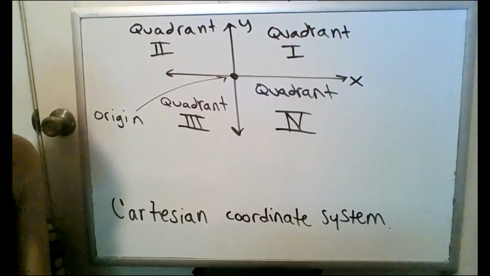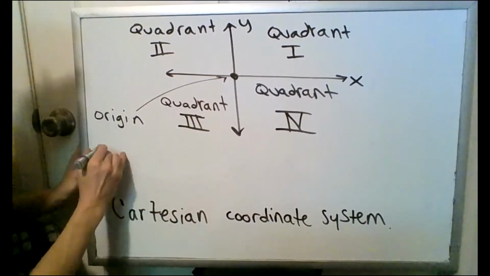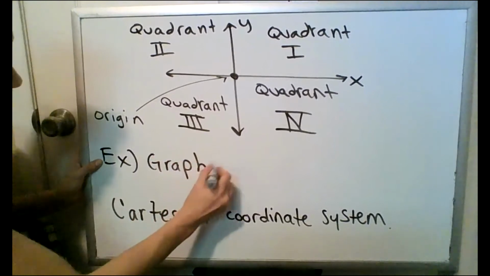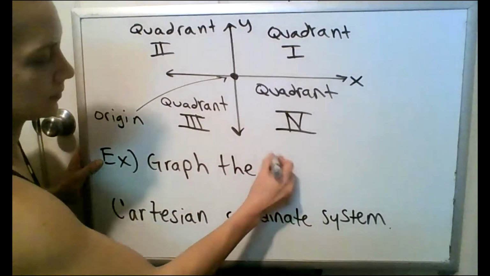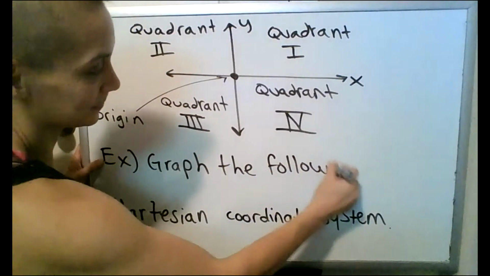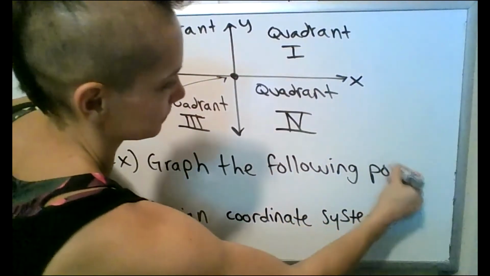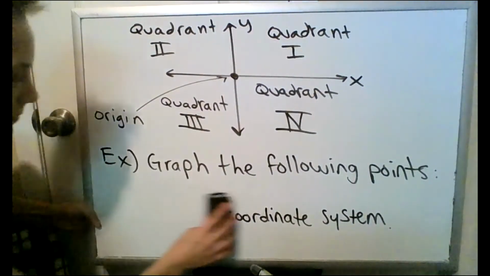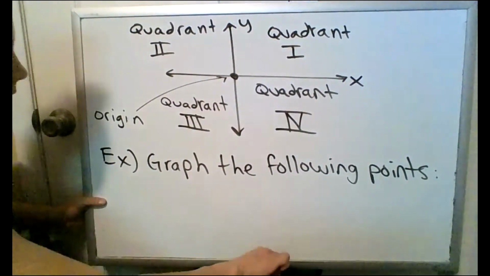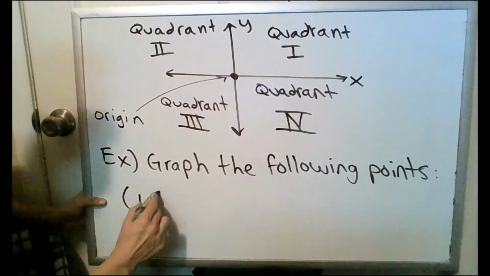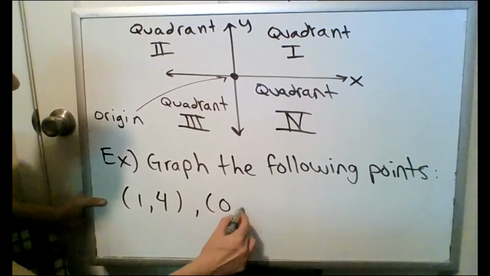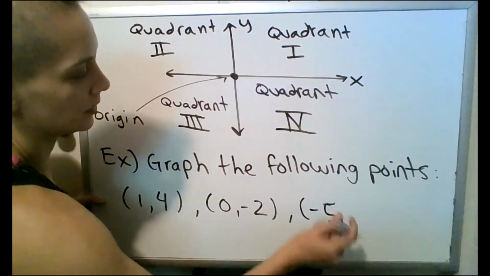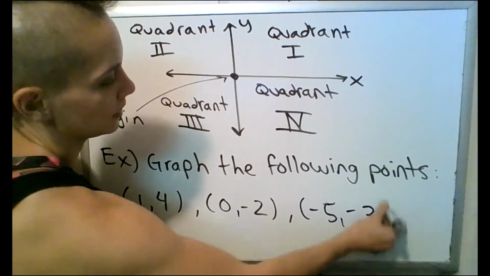And we're going to graph the following points. We'll graph (1, 4), and (0, -2), and (-5, -3).